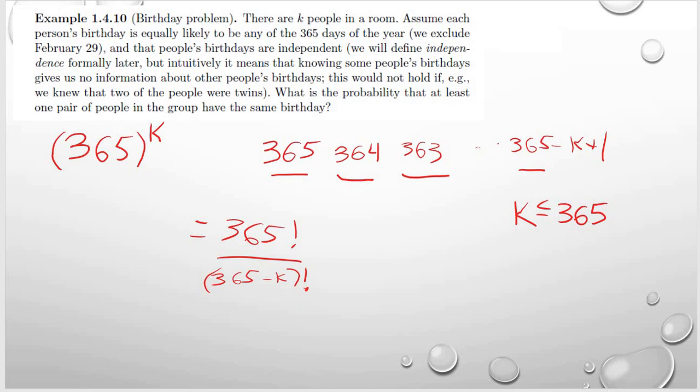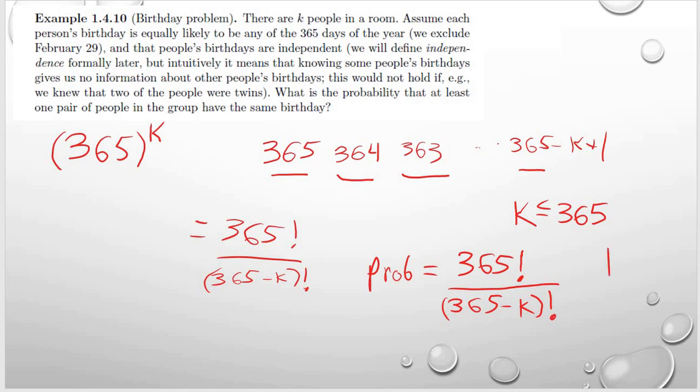And so our probability will be equal to the ratio of these two expressions, so 365 factorial over 365 minus k factorial. So this is one expression. And then we need to divide by the possibilities if we allow birthdays to be reused.